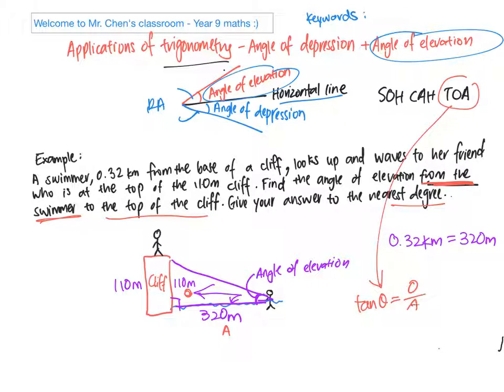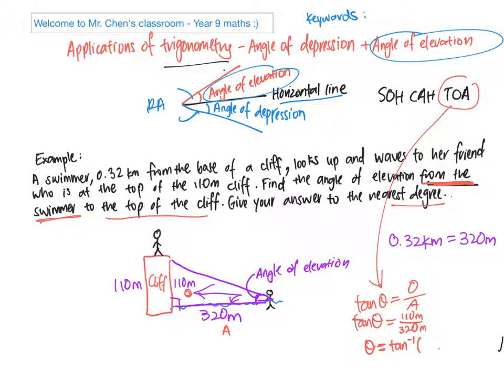We don't know what the angle is, so I'm going to continue writing tangent theta. Opposite is 110 and your adjacent is 320, meters for both. So from there your theta, which will be your angle, will be tangent to the power -1, which is your inverse tangent, from two videos ago.